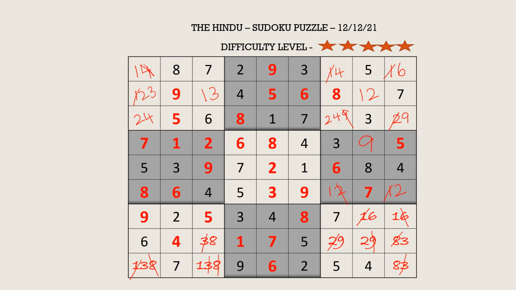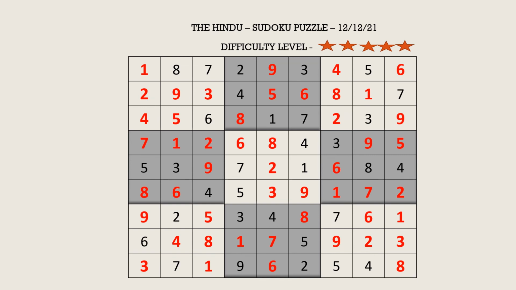This 2 cancels out the 2 here. So this 1 cancels out the 1 here. And this 3 cancels out the 3 here. Fine, this 2 cancels out the 2 here. And this 4 gets cancelled. And we have solved the puzzle.